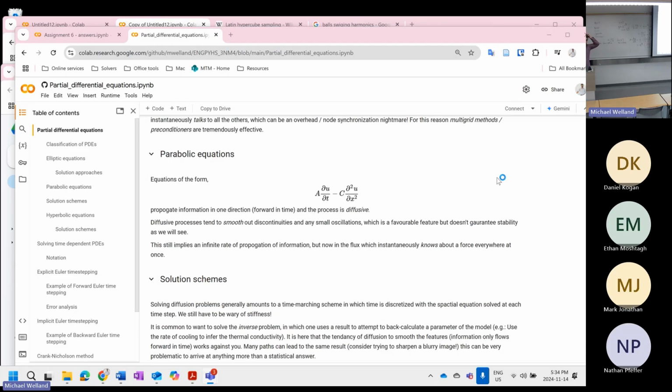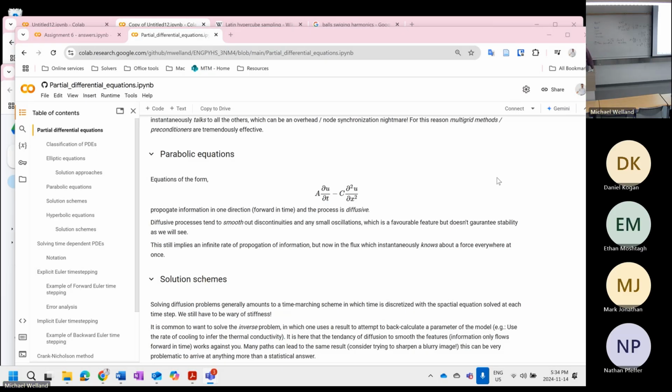So you can imagine that if you have a spike of a dye or a species in a bottle of water, it spreads out and it kind of diffuses. Okay, so it is nice because it tends to damp out small oscillations and discontinuities that you might have started with, but it still doesn't guarantee convergence, unfortunately, and we still have stiffness emerging from this stuff.